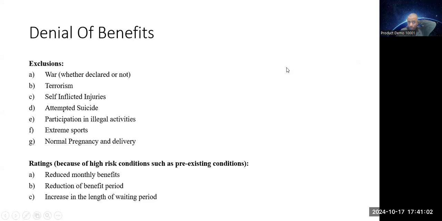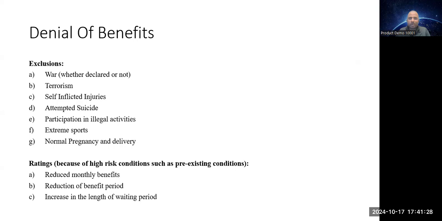All right. So your benefits may also be denied because of certain exclusions. One of them is war. So let's say you go to a war-torn country, and should something happen to you over there, your benefits might be denied. Second one is terrorism, self-inflicted injuries, attempted suicide, participation in illegal activities, so any criminal activities, extreme sports.